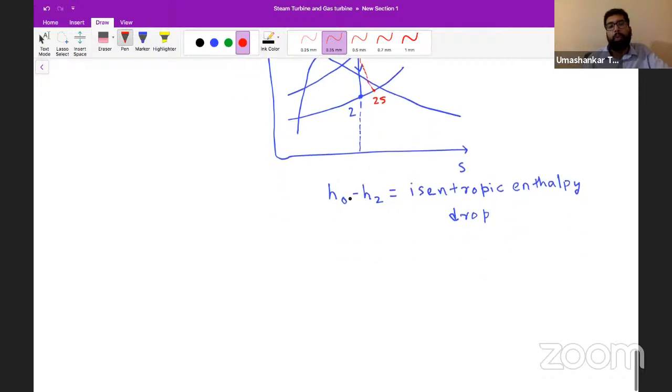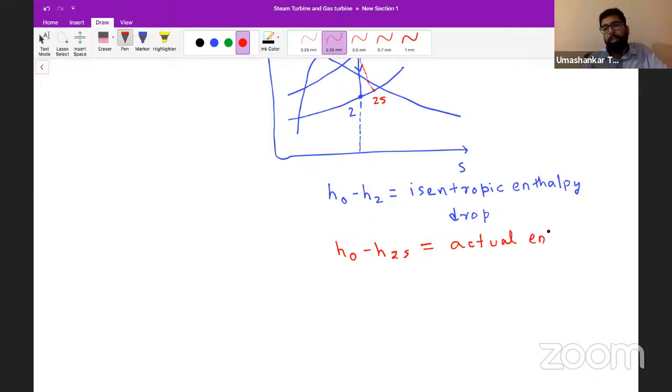So H naught minus H2s will be our actual enthalpy drop.